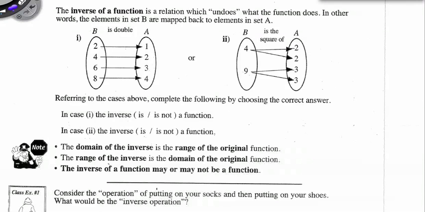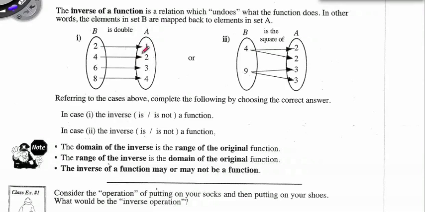Referring to the cases above, complete the following by choosing the correct answer. In case 1, the inverse is or is not a function. So in case 1, is the inverse a function?